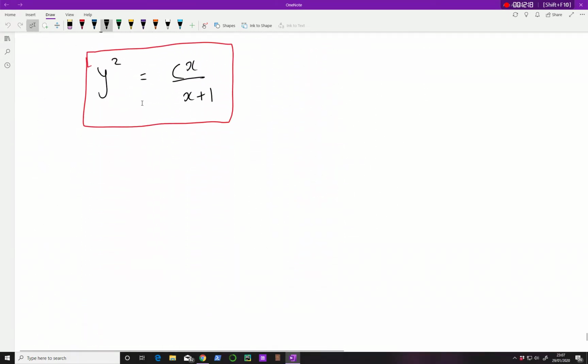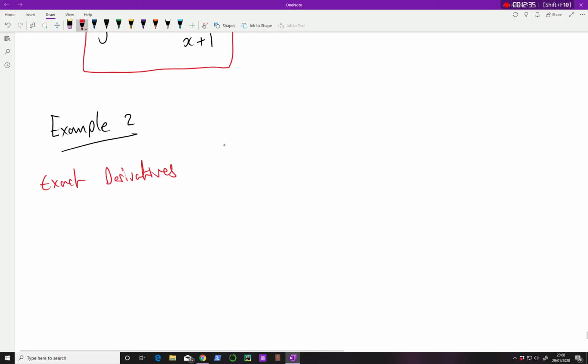Example 2 basically talks about exact differentials or exact derivatives. Now, with exact derivatives, you really just have to be able to spot them.